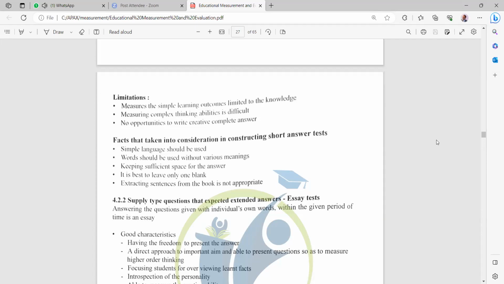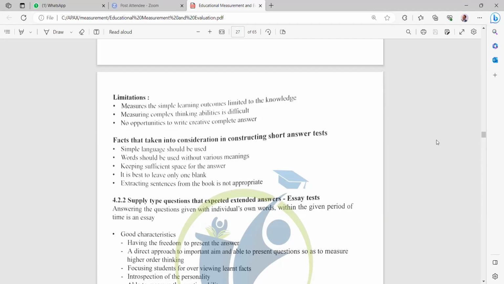The learner may have good creative ideas and may want to write a long answer. But because we are expecting a short answer, they lose that opportunity. That's a limitation, a drawback.